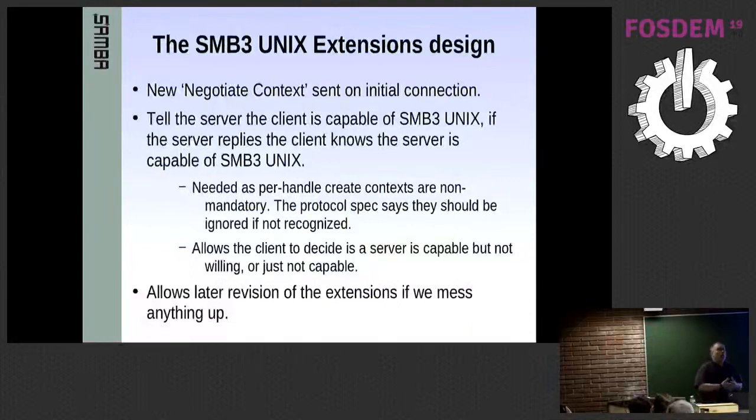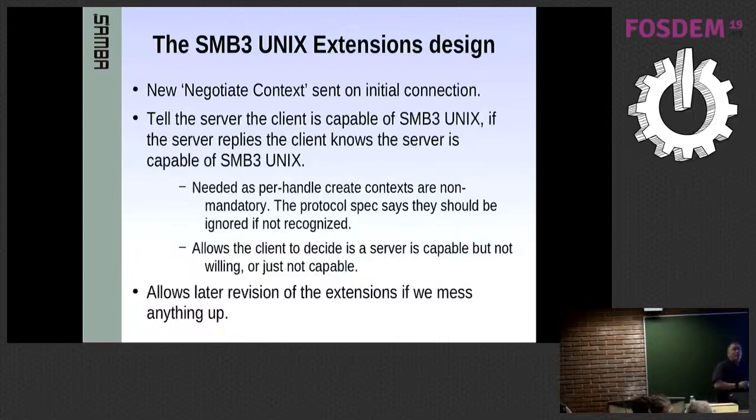So what did we end up with? How should it look? So the nice thing about SMB3 negotiate is that you have this concept of negotiate contexts, which are basically arbitrary little pieces of data you can attach to the first packet. So we added a new one.